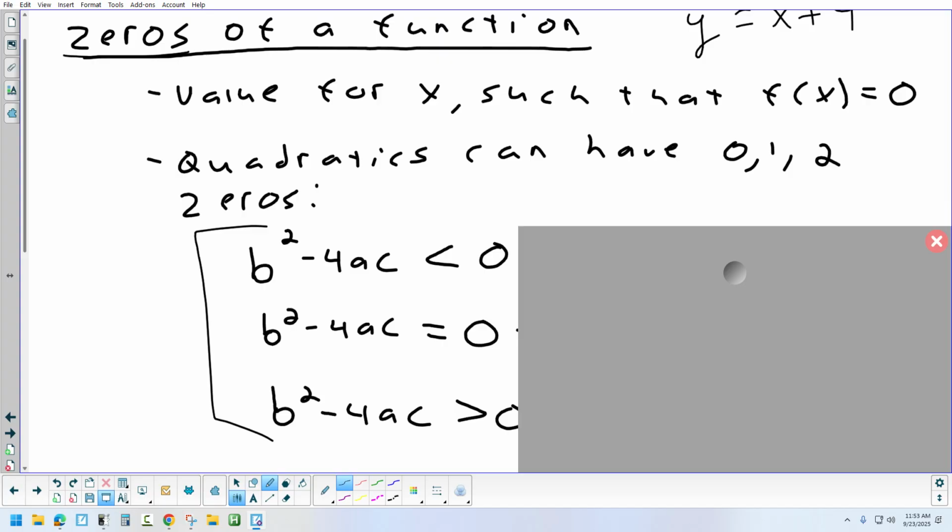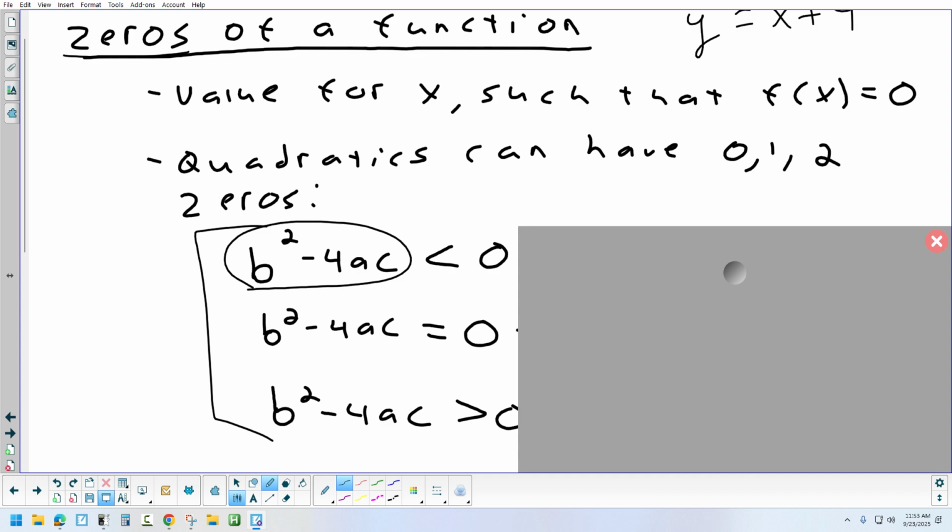When you do b squared minus 4ac, there's 3 things that can happen. This either comes out to a negative number, comes out to 0, or comes out positive. Does anybody recognize b squared minus 4ac? Yeah. It's part of the quadratic formula. Specifically, it's the part under the square root.